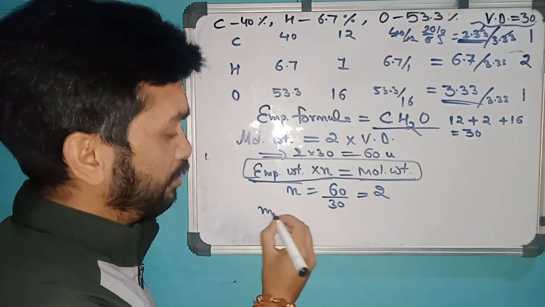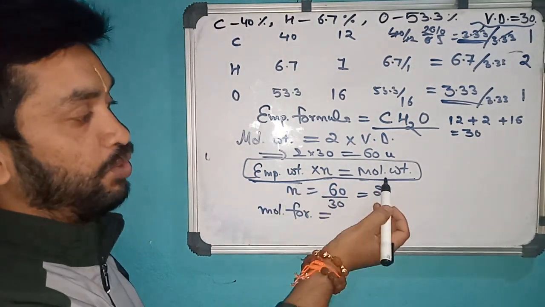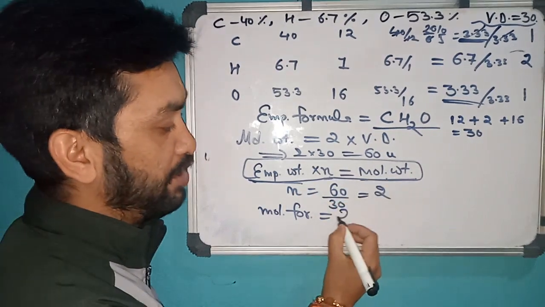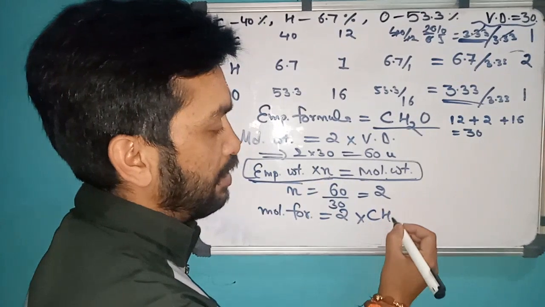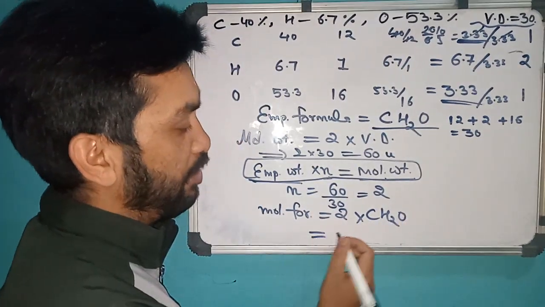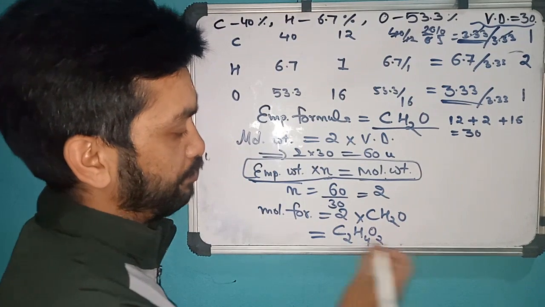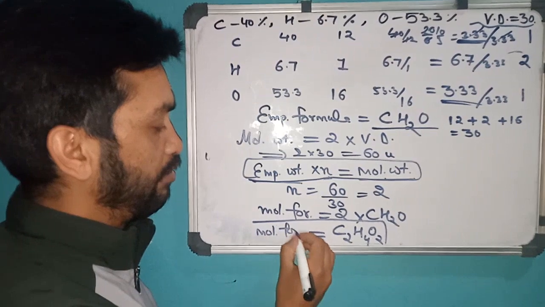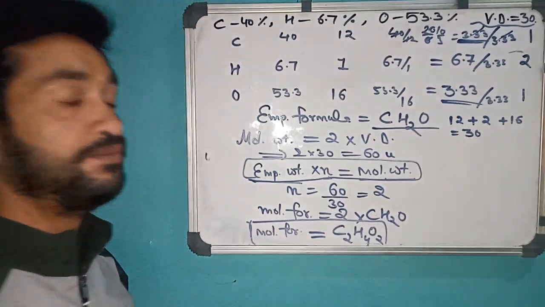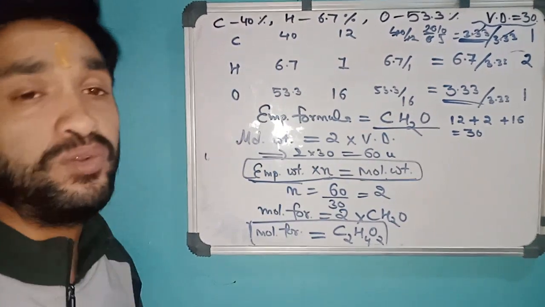So molecular formula is equal to n, that is 2, into empirical formula CH2O. Multiply it, you will get C2H4O2. In this way you are going to calculate the molecular formula for any given question, according to the details given.